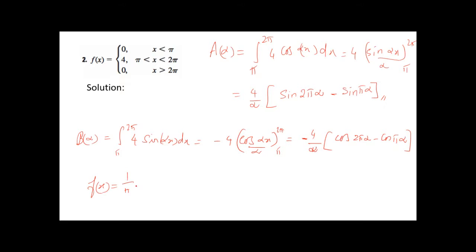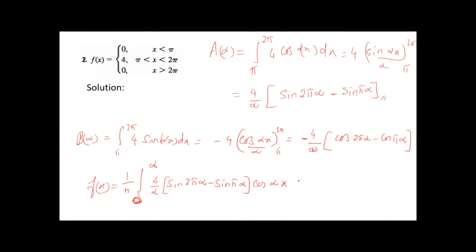f of x is 1 over pi, from 0 to positive infinity, of the bracket: A of alpha, 4 over alpha times sine 2 pi alpha minus sine pi alpha, times cosine alpha x.